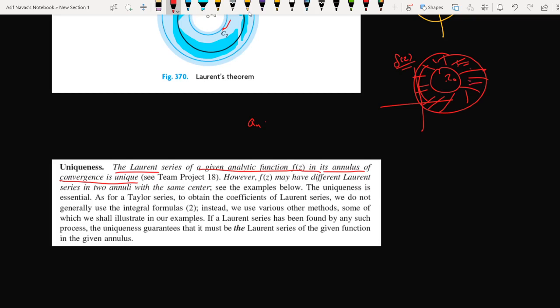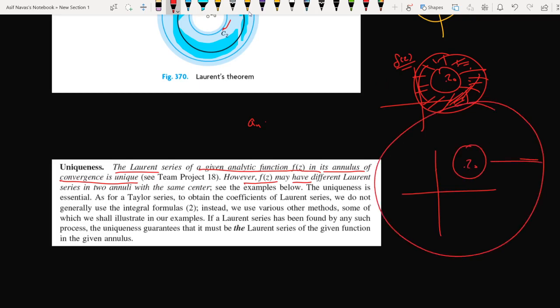So if you find any series representation of f of z in this annular region, then that must be the Laurent series expansion. However, if you take any other annular region, there may be a different Laurent series expansion.